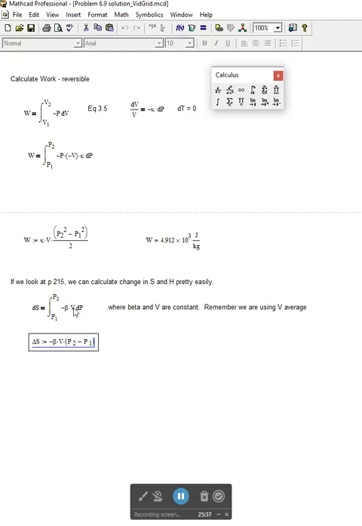Delta S is going to be minus beta times V times P, evaluated from P1 to P2. So this is our equation. I like to keep my notation consistent, even though sometimes it's a pain. So capital delta will be capital D, Shift D, Control G. Some people like to type out DELTA with a capital or lowercase, but I just stick with that.